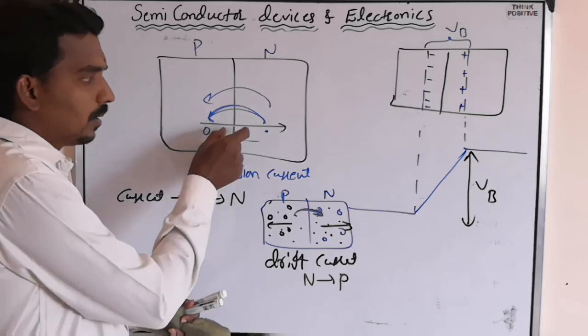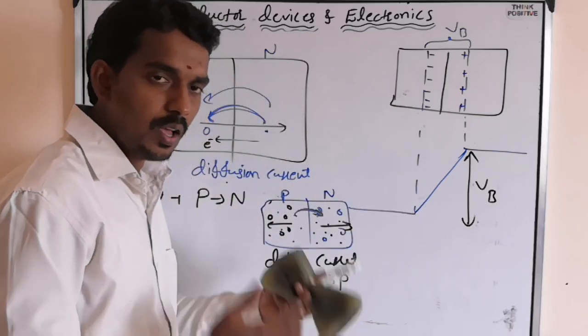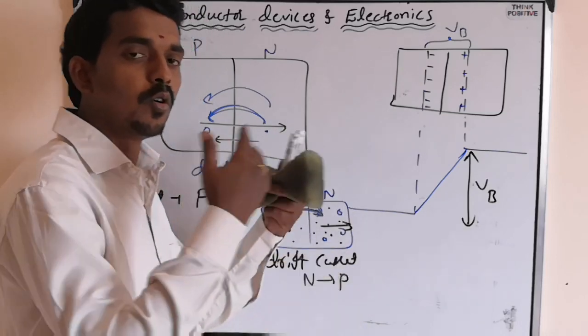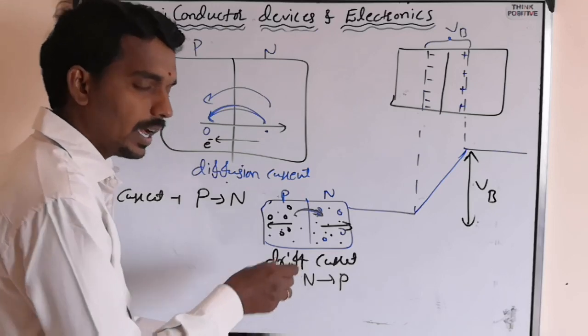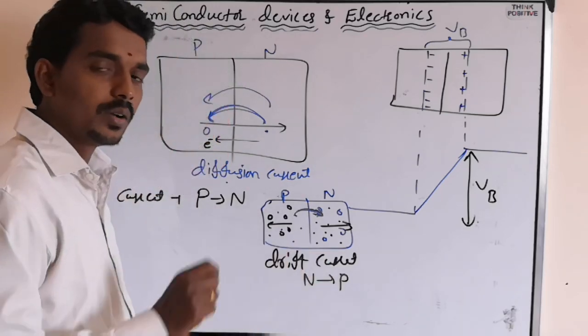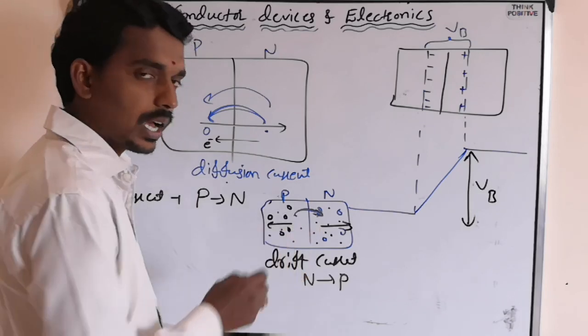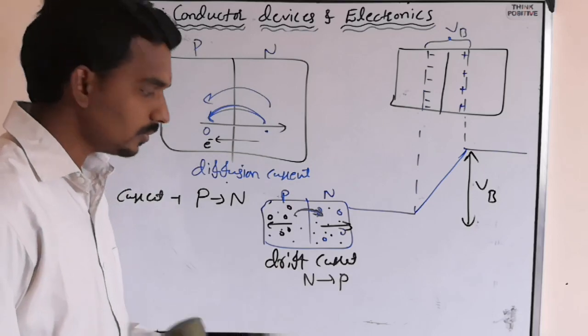But majority charge carriers means more number of charges, and more charge means more current. So diffusion current is always greater than drift current, because drift current is due to the movement of minority charge carriers across the junction.